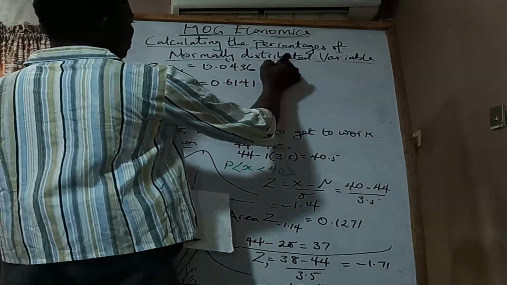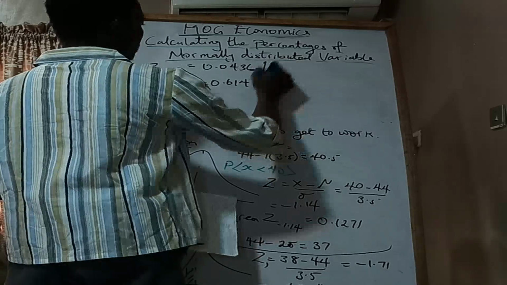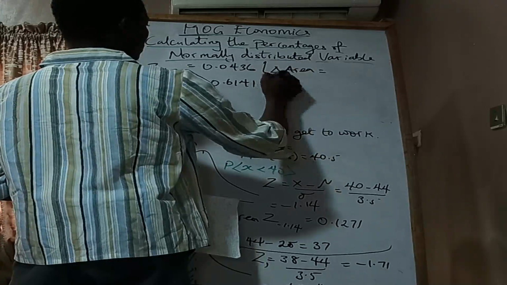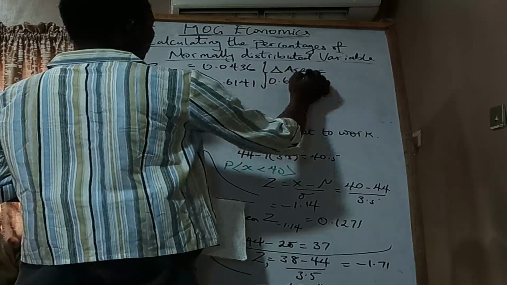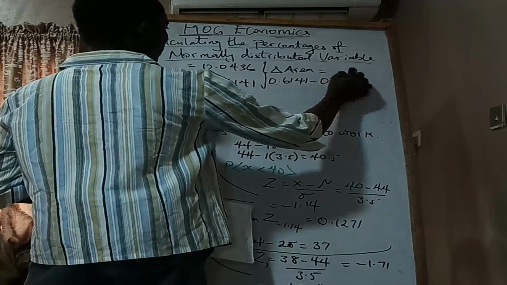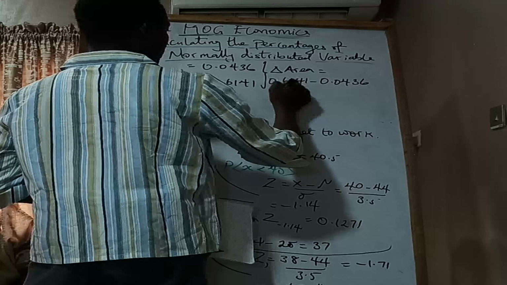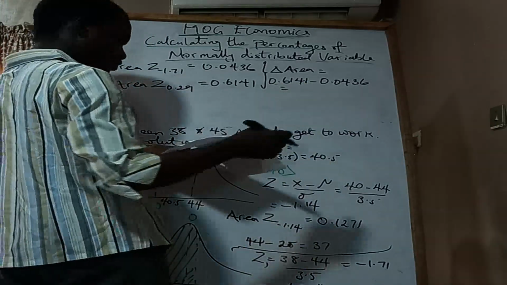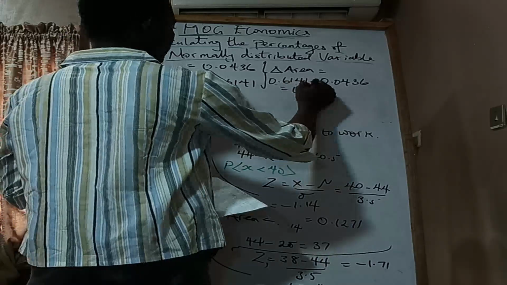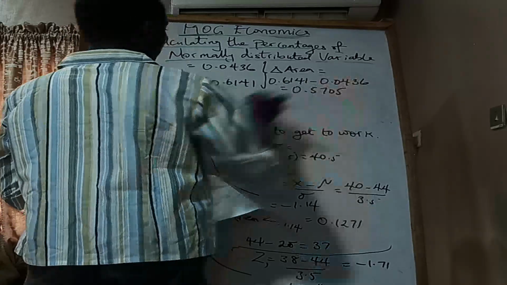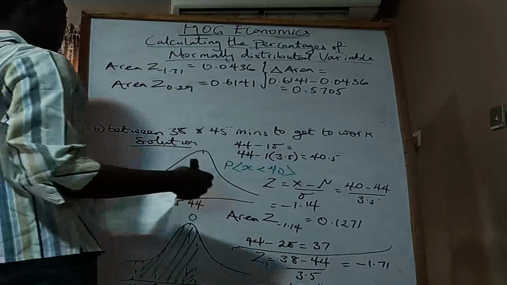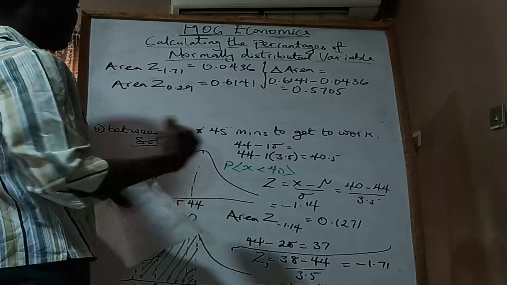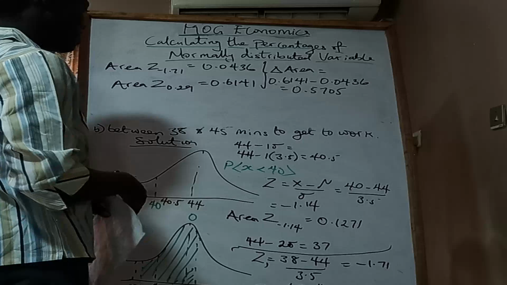So the change in area equals 0.6141 minus 0.0436, and that gives us 0.5705.